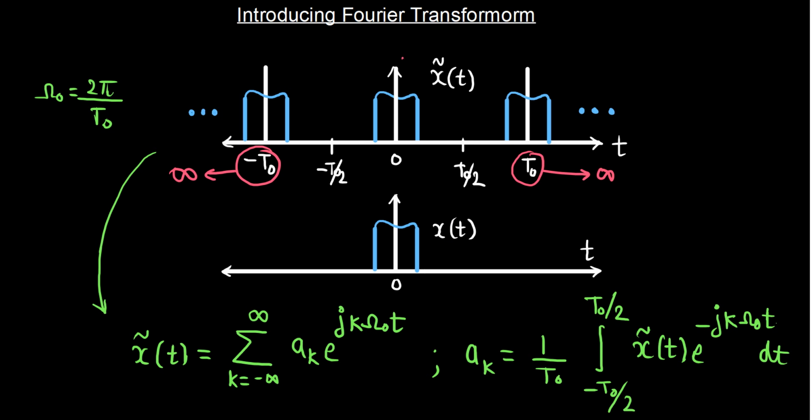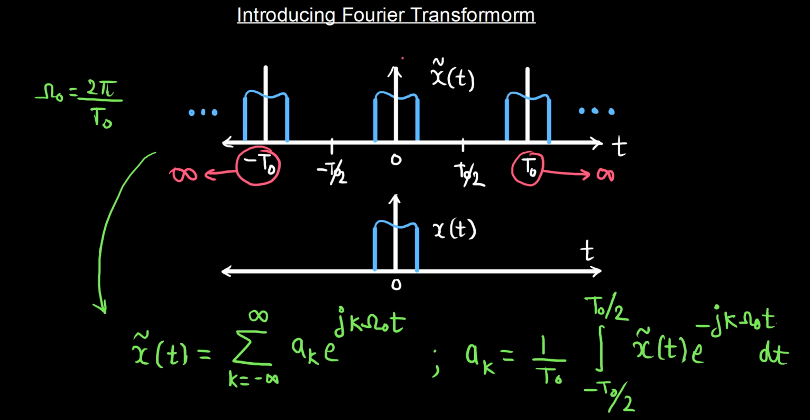Now if we observe these two signals carefully, you can see that this integration is considered over a period of t naught. So from minus t naught by 2 to t naught by 2, the signal is exactly equal to the signal x of t. That means I can replace this x tilde of t with x of t, just because these two signals are equal between minus t naught by 2 to t naught by 2.